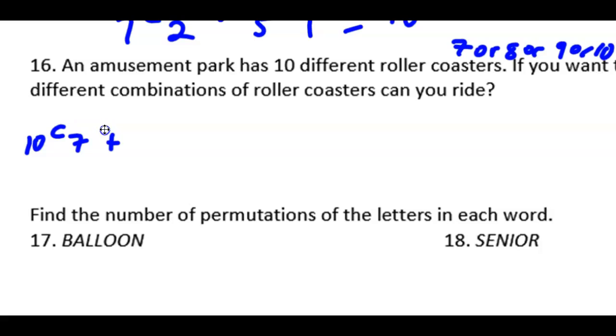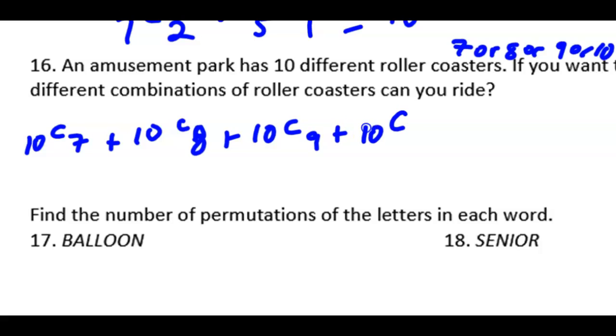So out of the 10, I can choose 7, or out of the 10, I can choose 8. Man, I'm tripping. Or out of 10, I could choose 9, or out of 10, I could choose 10.